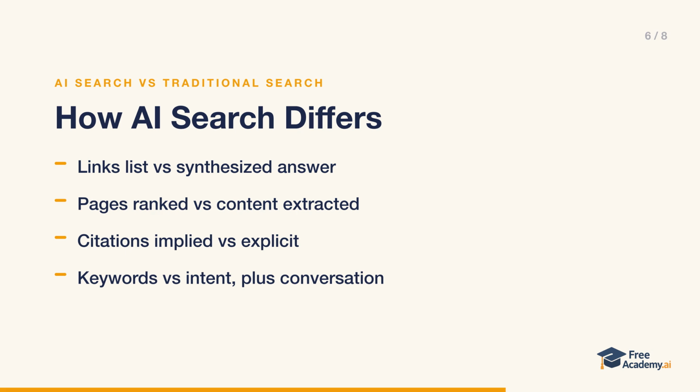Citations work differently too. In traditional search, they are implied, since top results are simply treated as best. In AI search, they are explicit, shown right inside the response. Query handling shifts from keyword matching to intent understanding, and follow-up questions are no longer new searches. They are part of an ongoing conversation that keeps its context.